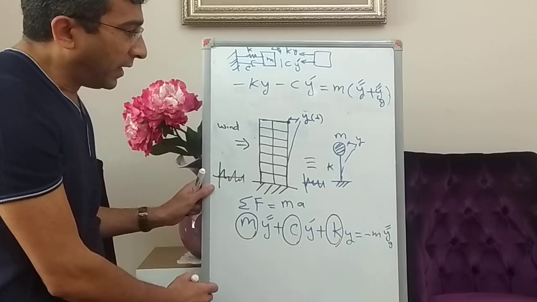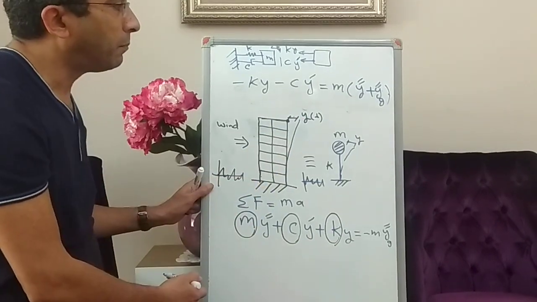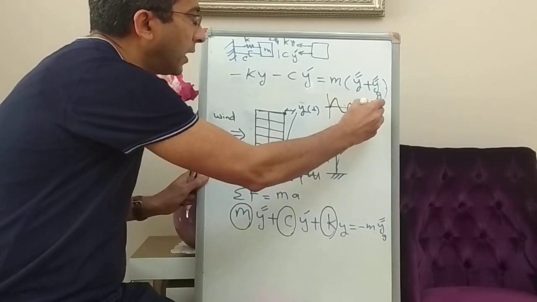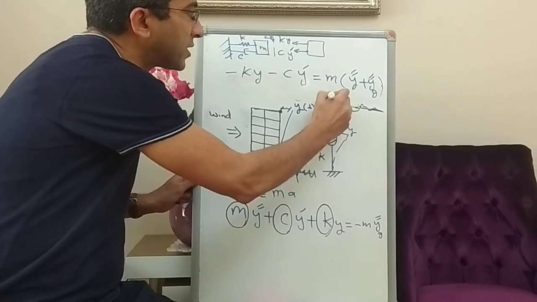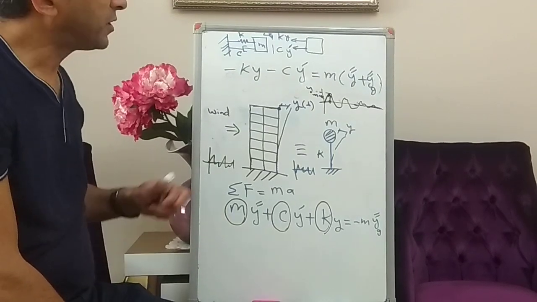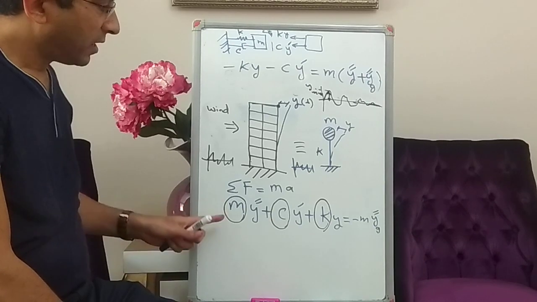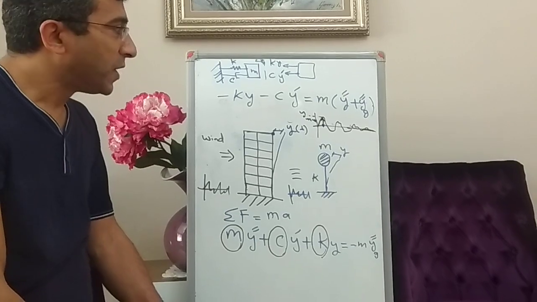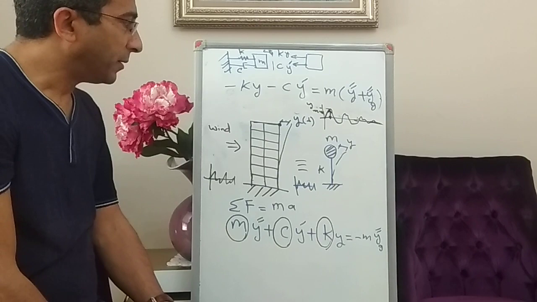So if I can solve this equation, I will find the maximum motion, and it will stop, of course, after some time. So I'm looking for the maximum value for y, how many centimeters it will move, and in this case you need to solve this type of problem. This is one of the applications that engineers need to find.